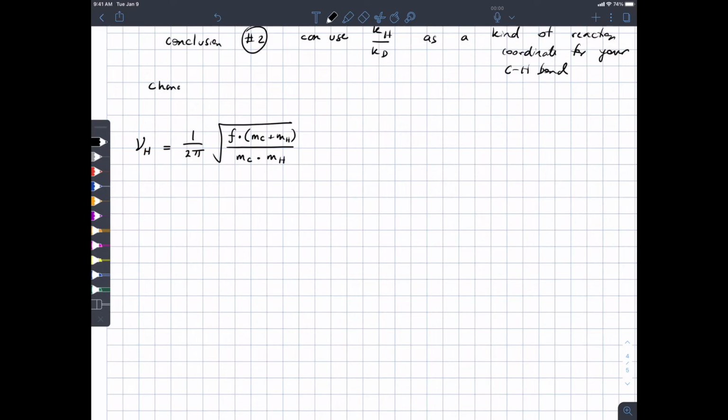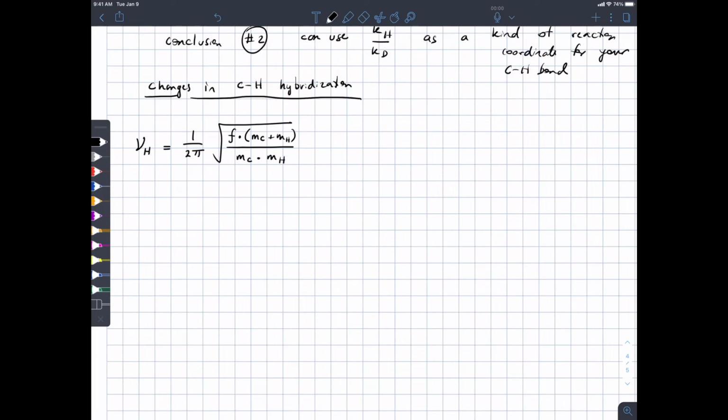We'll call this changes in CH bond hybridization. Okay. So everything we've done so far has been based on the assumption that the force constant is not very different, or we can sort of neglect it in terms of thinking about 0-point energy.